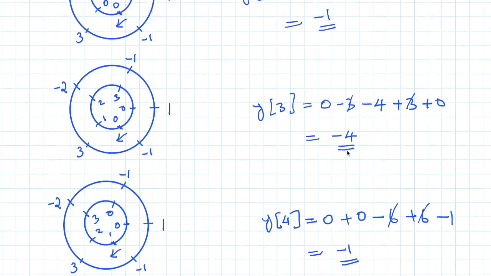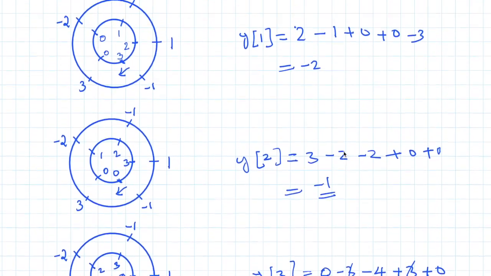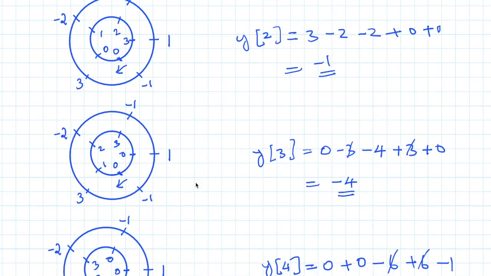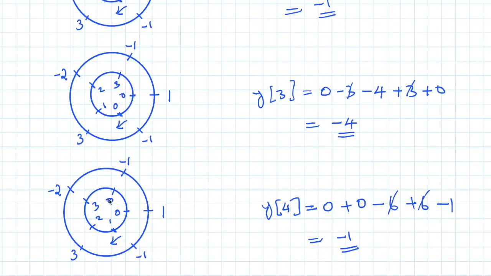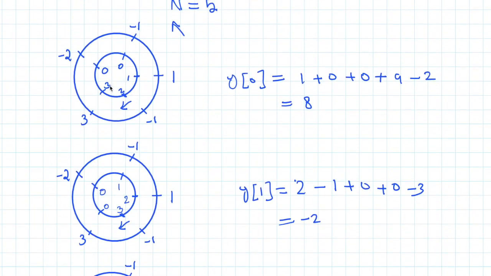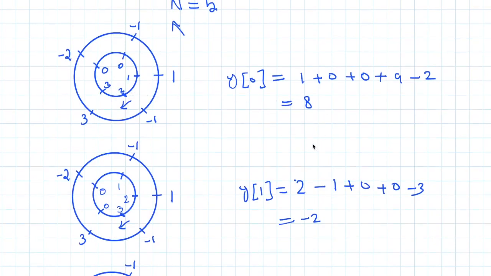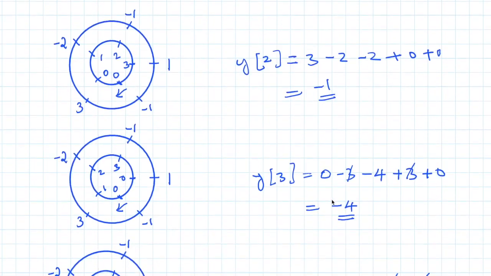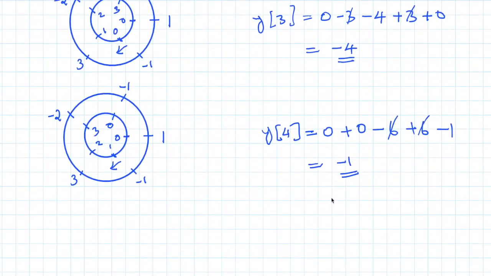So we have obtained all the samples of the output, and if you rotate the last inner circle once again in the counterclockwise direction, that would be exactly similar to the position that we saw in the first sample. Okay, so the values are 8, minus 2, minus 1, minus 4, and minus 1.